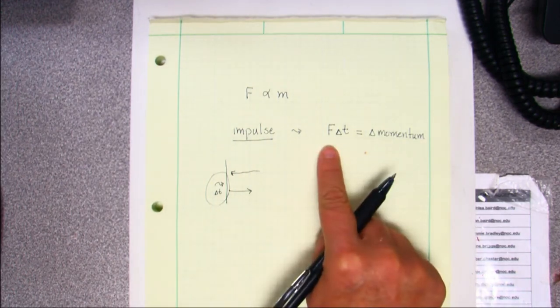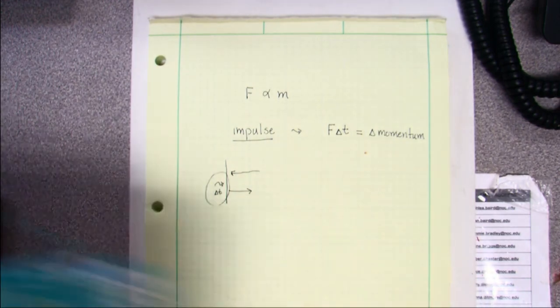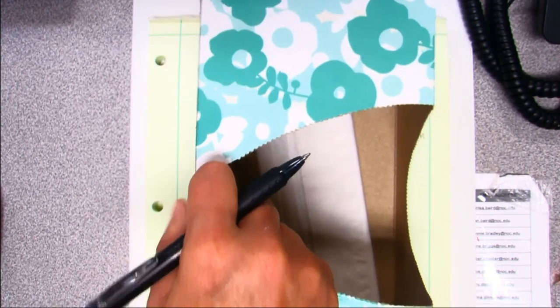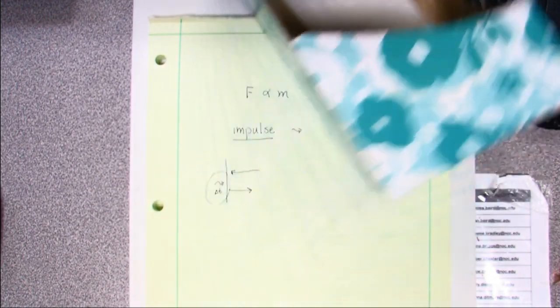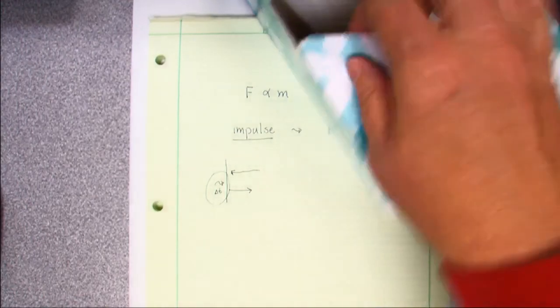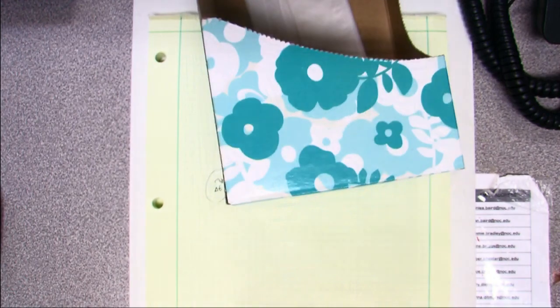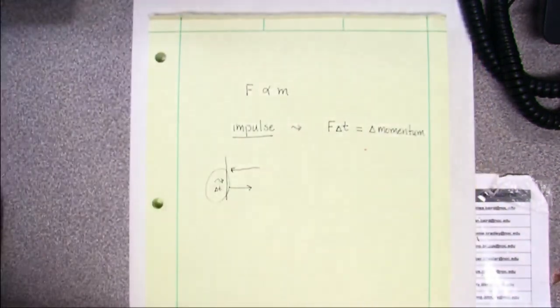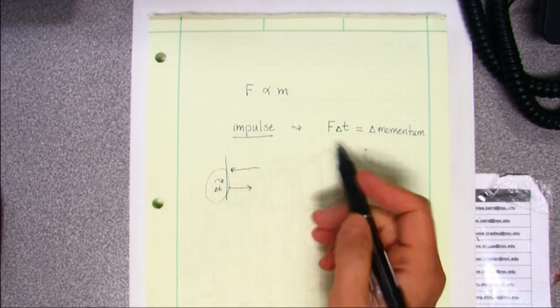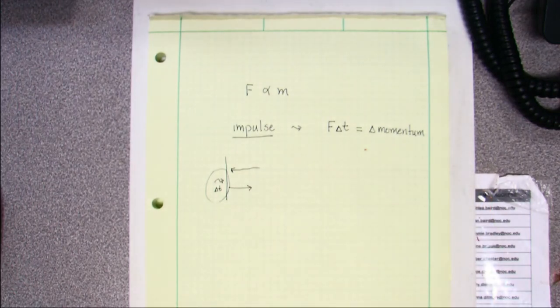So we're going to apply a force, and let's look at what's going on here. I can do a swift kick and get this to really move, or I can do a slow kick and get it to move much slower. I could be applying the same force, but the change in time is making a big difference. So this idea of impulse and a change in momentum really is important.